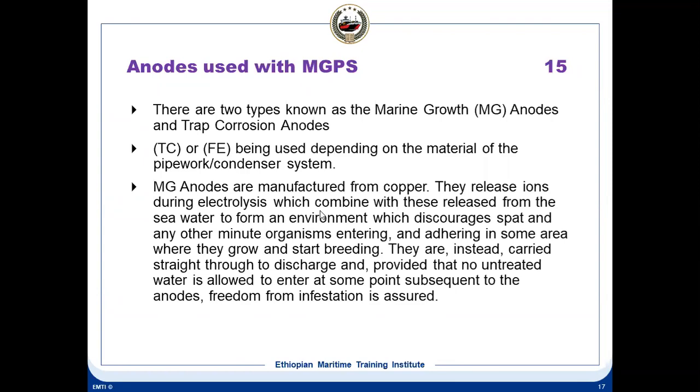These ions combine with the seawater and form an environment which discourages any organism from entering and adhering to an area where they would grow and start breeding. The ions are carried straight to the discharge, provided that no untreated water is allowed to enter at any point subsequent to the anodes. So one is the MG anode, which is manufactured from copper.